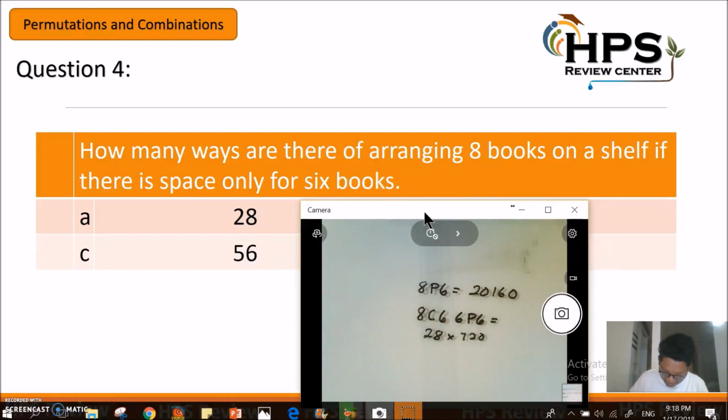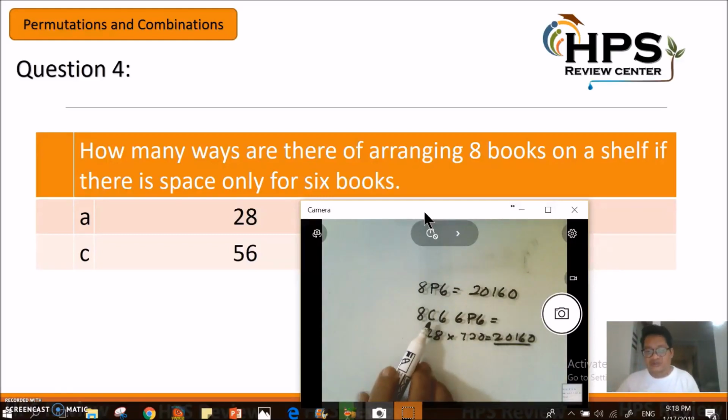Let's try to multiply them together. And there you go. I got the same answer, 20,160. So in this method, you choose first the 6 books that you would like to arrange, and after that you arrange them. Or the first method is directly arranging the 6 books out of the 8.